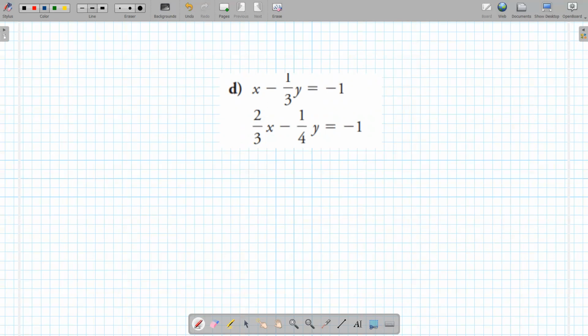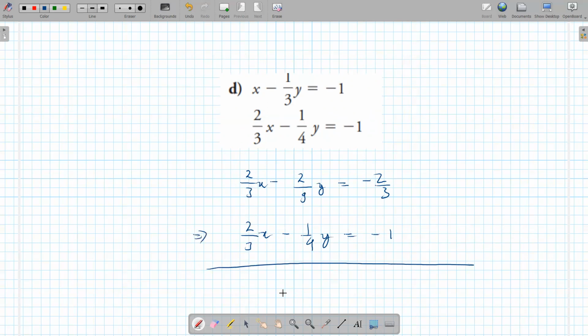There's multiple ways to do this. You could multiply the top by 2 over 3. All right, we can do that. So it becomes 2 over 3x minus 2 over 9y equals negative 2 over 3. On the bottom, it becomes 2 over 3x minus 1 over 4y. It remains untouched, right? Like that.